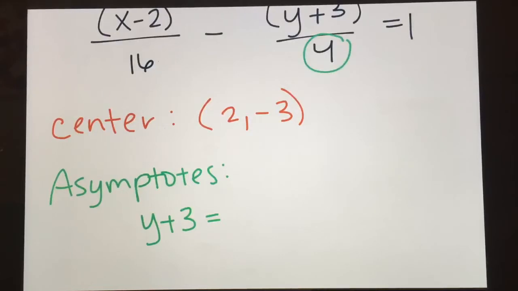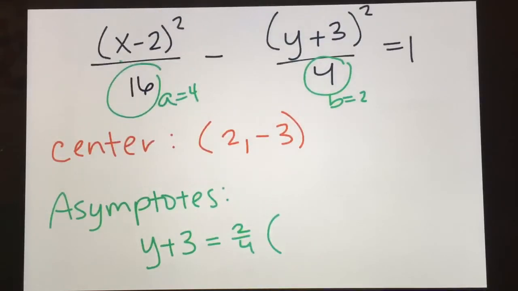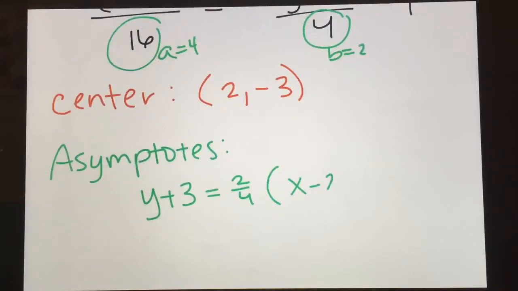The rise divided by the run, basically. Now be careful because remember this is b squared and this is a squared. So if b squared is 4, then b is 2. If a squared is 16, then a is 4. So I have 2 over 4 times, and then I'm going to do my x minus h piece, which is x minus 2.